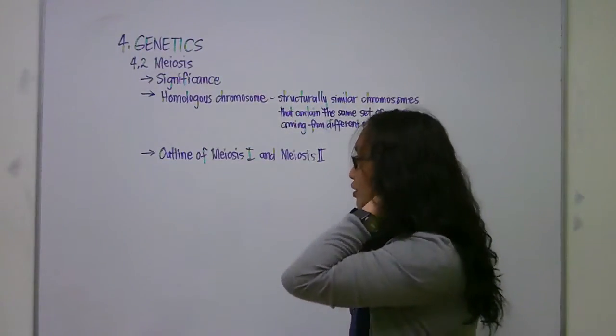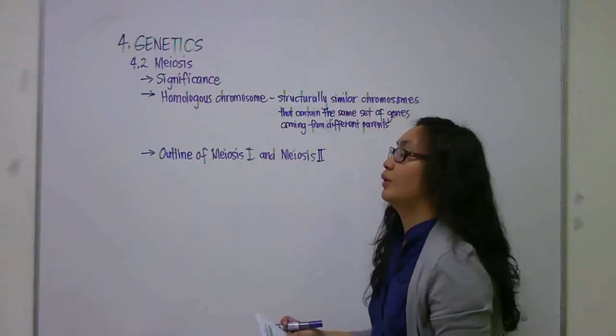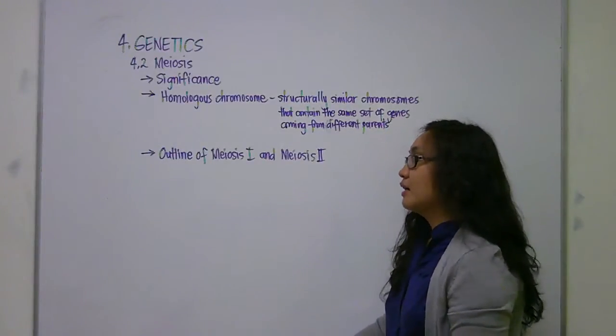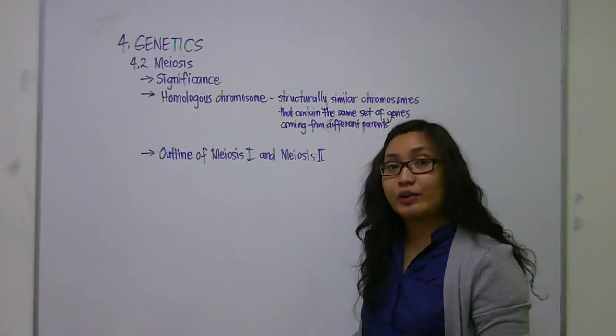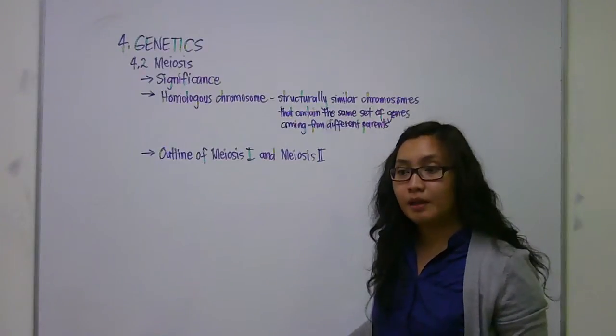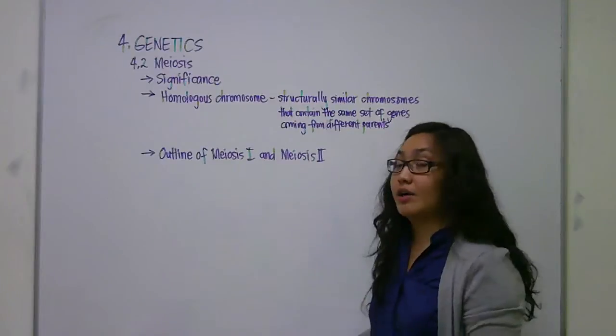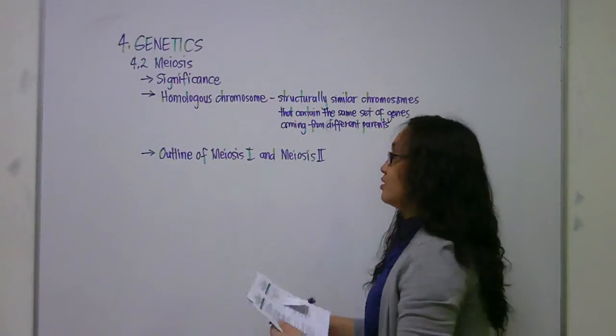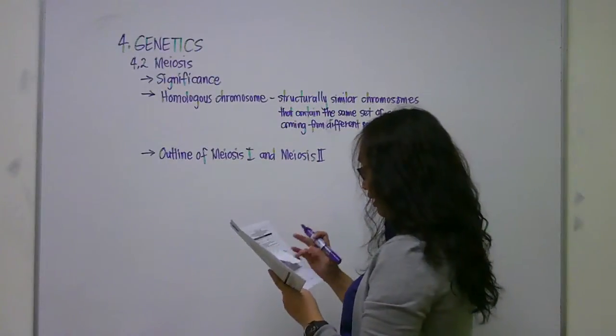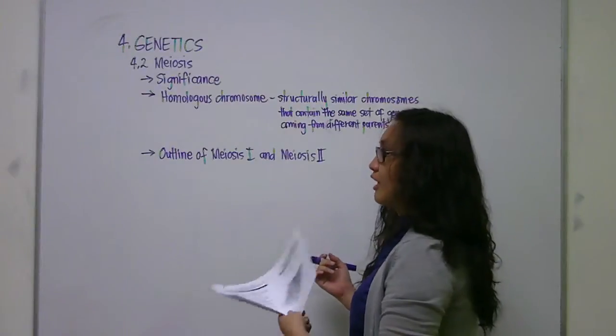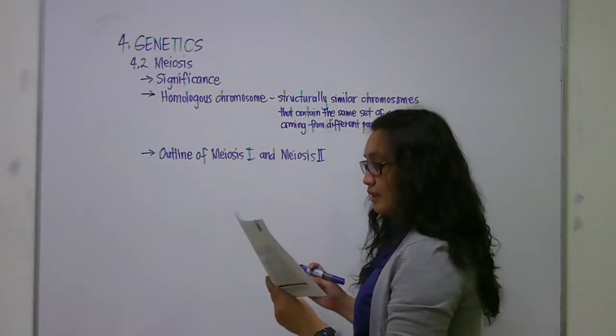We can also tell our students that in mitosis there is no occurrence of homologous chromosomes, whereas in meiosis there are. Homologous chromosomes are not used in mitosis.